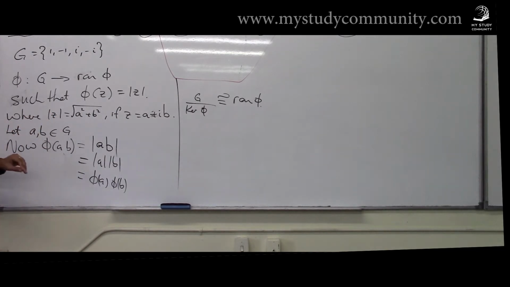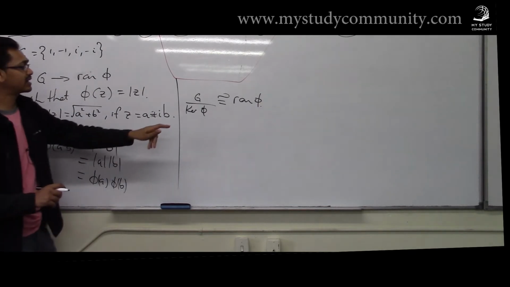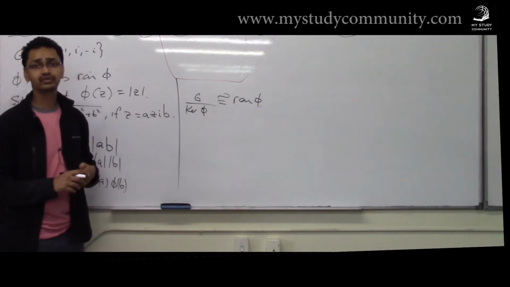So prove 1 to 1. So we've done the first part. So now what we need to do is find what elements are in the kernel of phi.